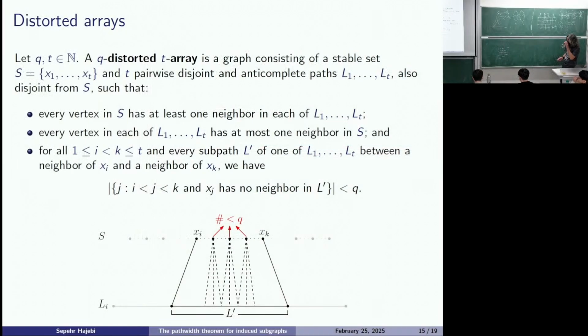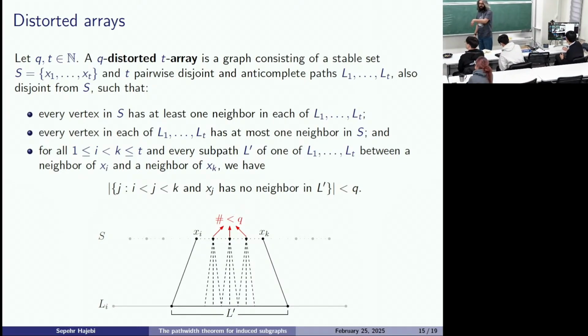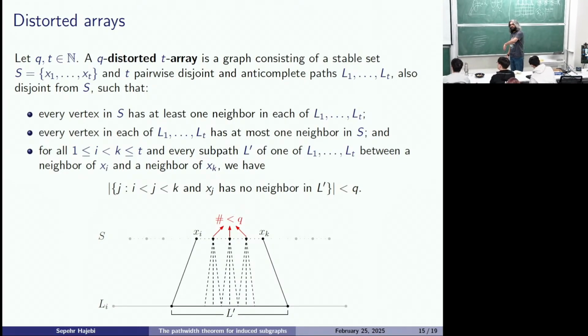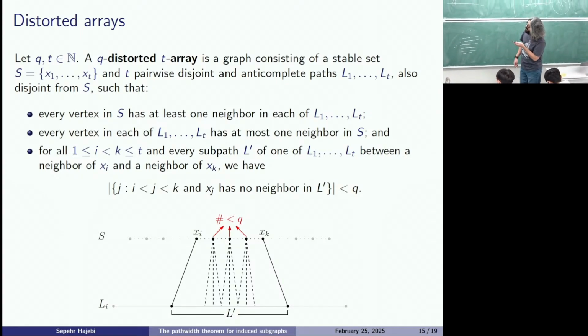So this time we have 2 parameters, Q and T, and a Q-distorted T-array is a graph that consists of T vertices in a stable set, T pairwise disjoint and anticomplete paths. Every vertex in the stable set sees each path. Every vertex in each path has at most 1 neighbor in the stable set.